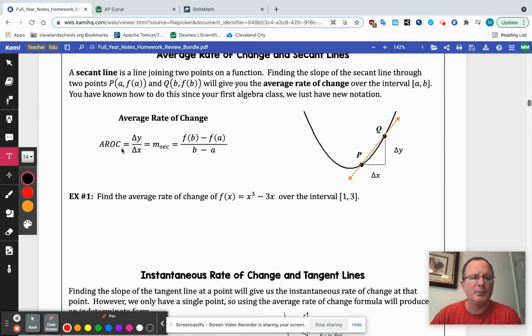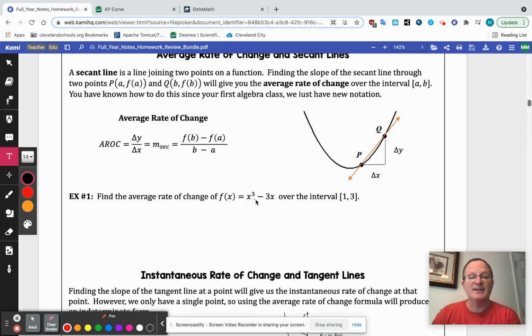But for right now, just a little practice. I like the notation here. The average rate of change is your change in your y's over your change in your x's, y2 minus y1 over x2 minus x1. Same thing you've done for years and years. They're going to call that the slope of the secant line, because this now is a secant line that hits twice. So f(b) minus f(a), this is y2 minus y1 over x2 minus x1.